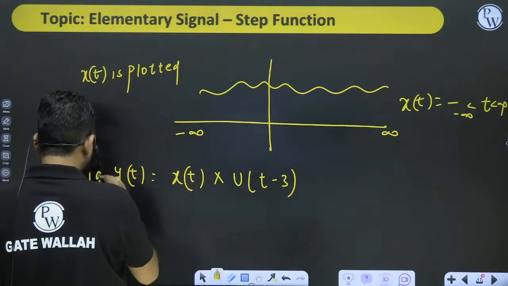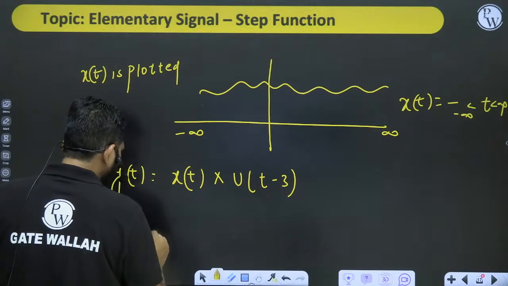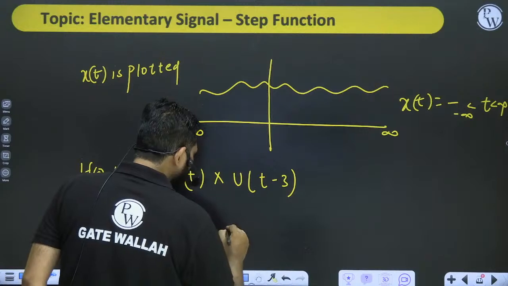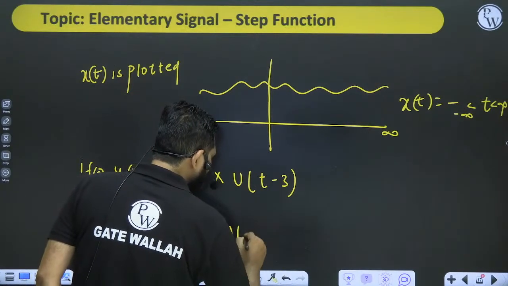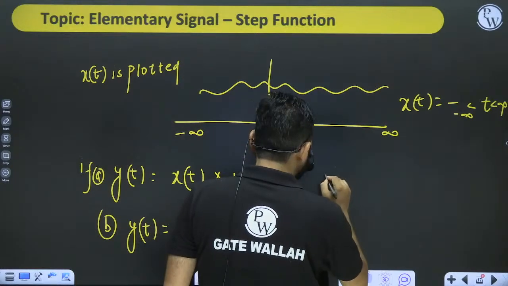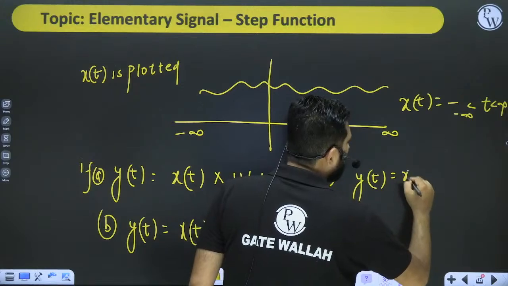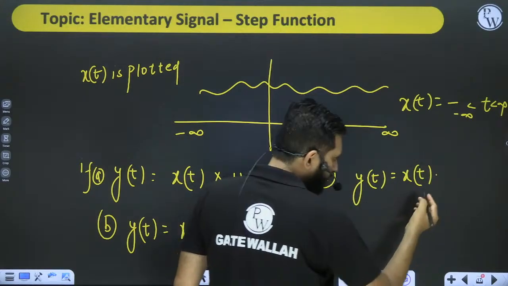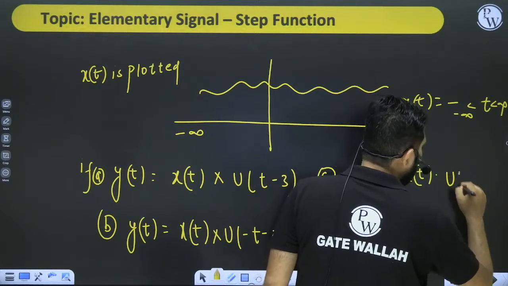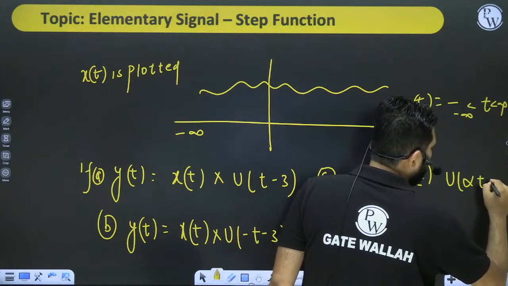Case c: y(t) is x(t) into u(alpha t plus beta).